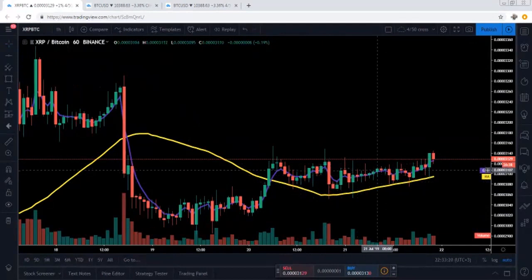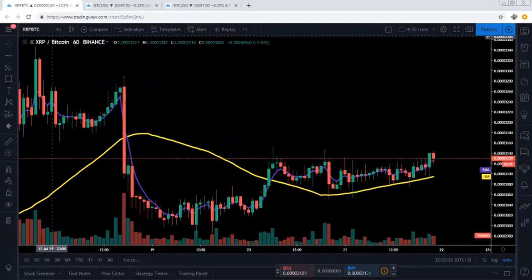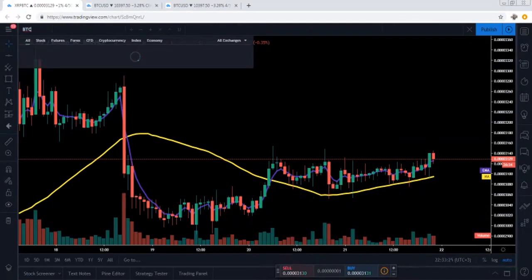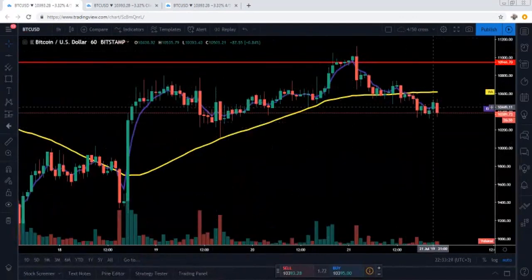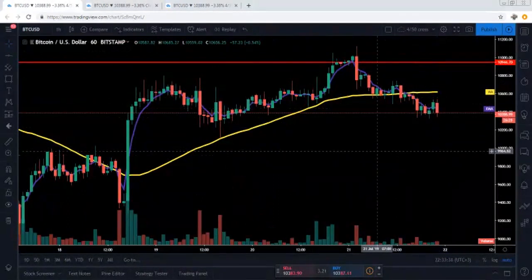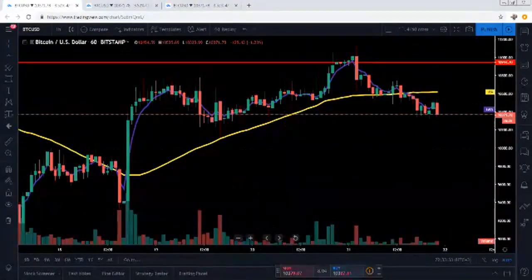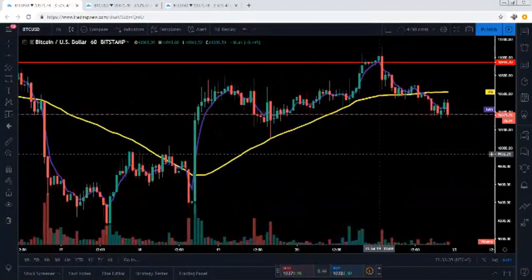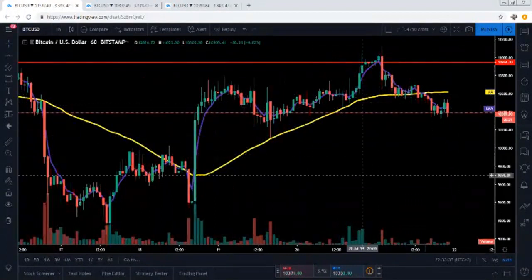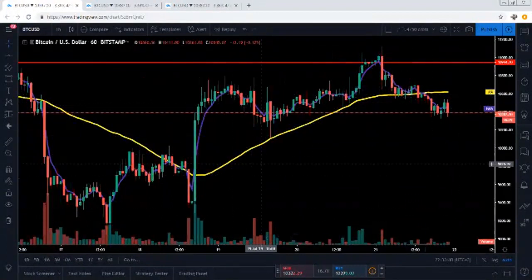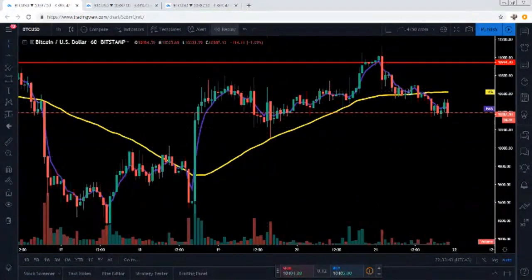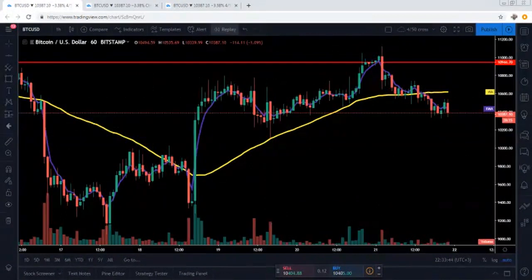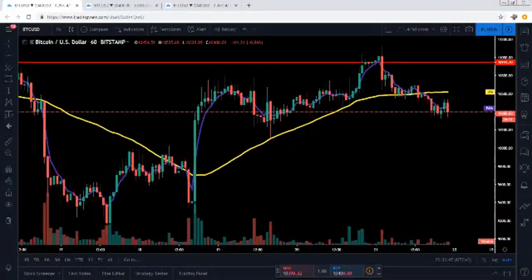Look at Bitcoin. BTC USD? Yep, it's dropping. And FinBiz has it in a strong sell as well. Let me go over to my other chart. It crossed on your hour.